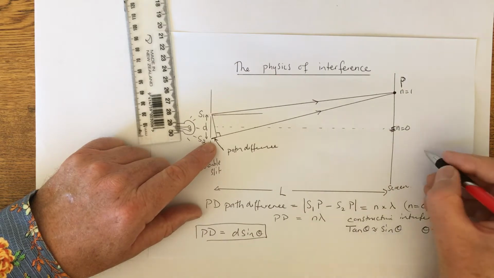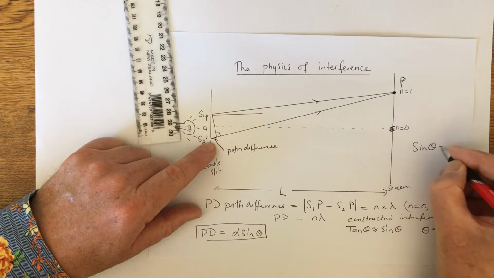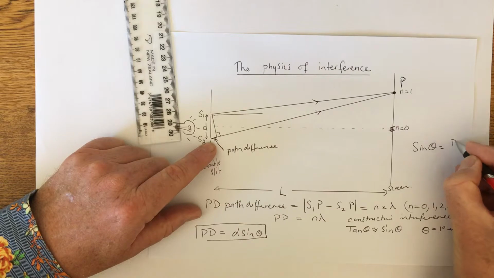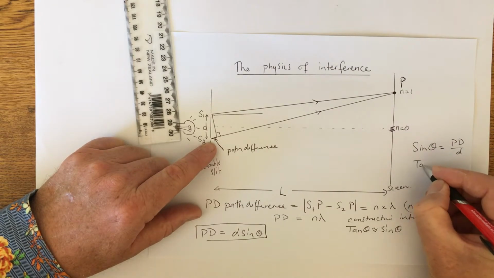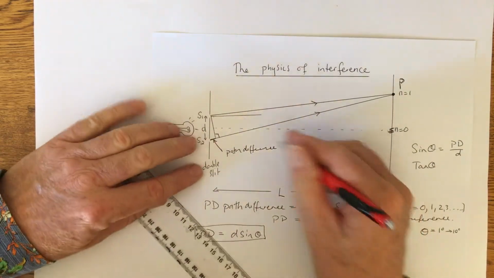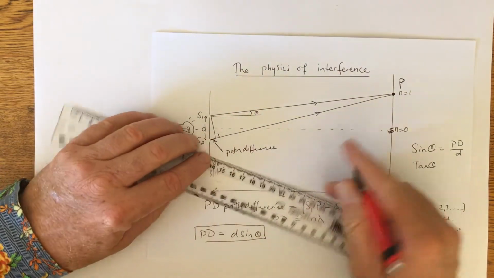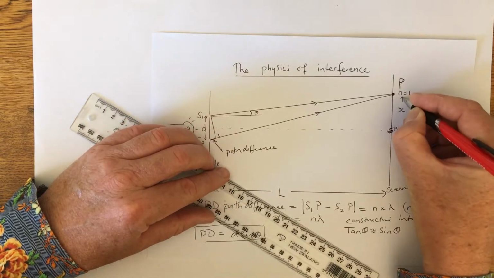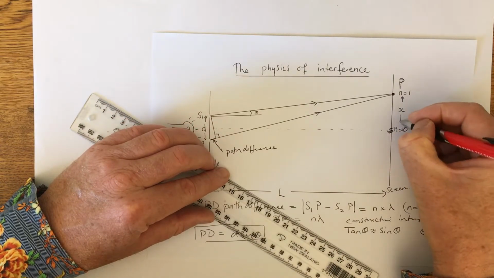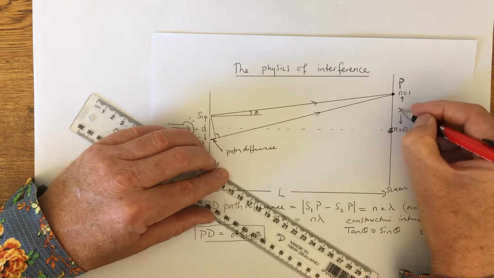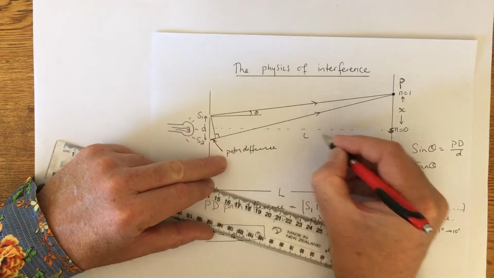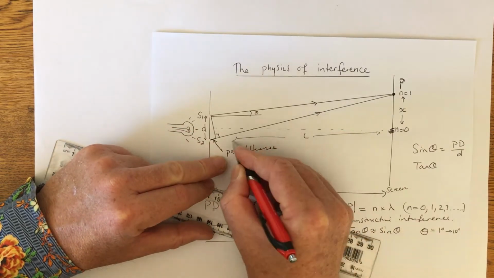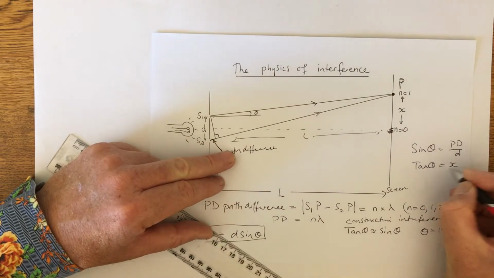So basically, sine of theta is equal to PD divided by d, and that tan of theta is actually equal to the distance between this fringe and the next one, which we'll call x, divided by L. And that is equal to x over L.